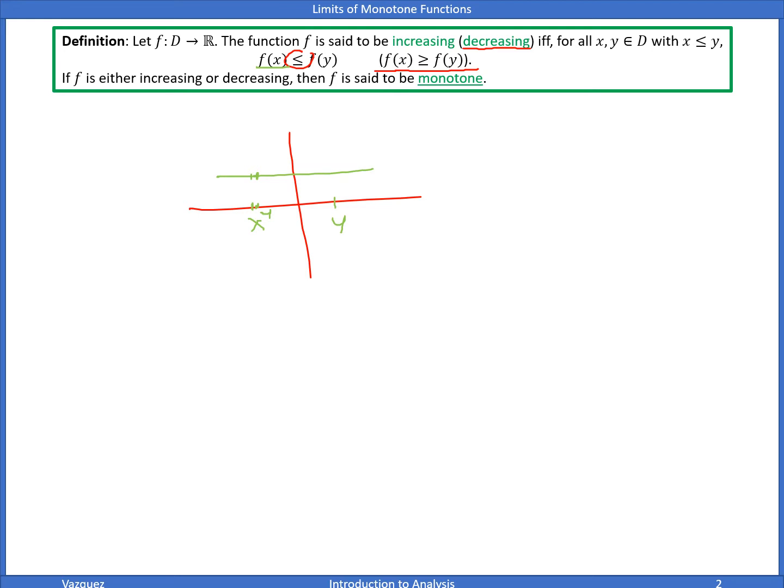And again, f of x is also greater than or equal to f of y, right? So intuitively, increasing kind of just means not decreasing at any point. And decreasing basically means not increasing at any point.